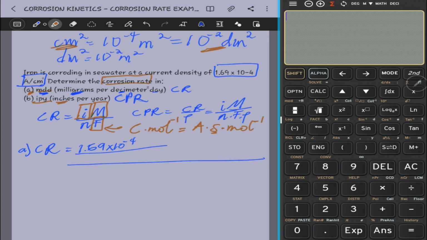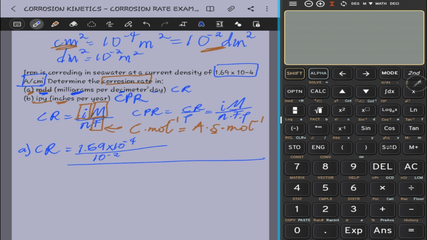For this one, it's just a matter of convention. If you can go by this one, then you can use it that way. So now I have 10 to the power minus 2, and it's in decimeter, so it's fine. That will mean I'm done for the I.